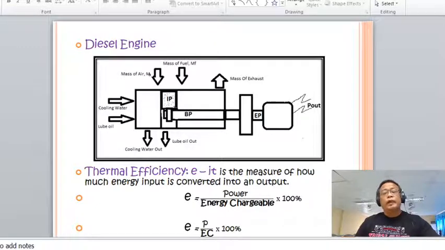Next is the combined thermal efficiency. And the last one is the plant thermal efficiency. So basically, thermal efficiency is equal to the output divided by the energy chargeable to the engine, designated as E equals P, or the power, divided by the energy chargeable.